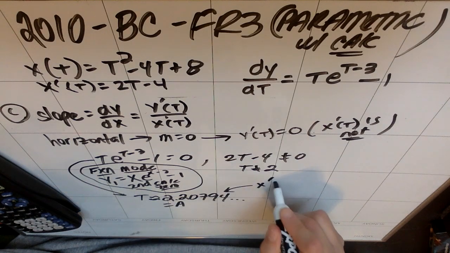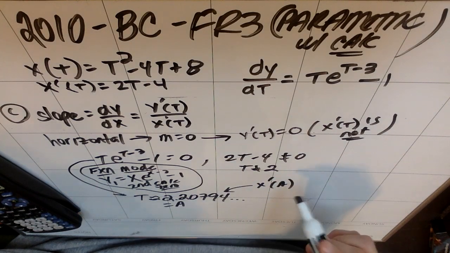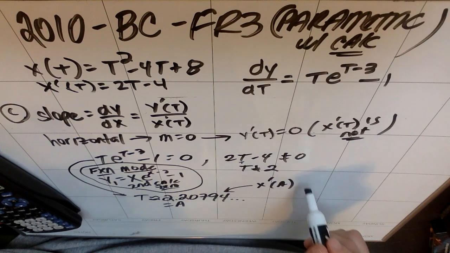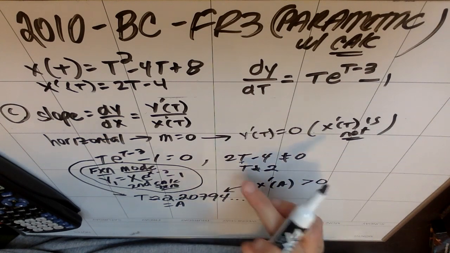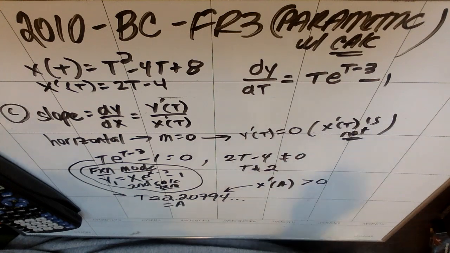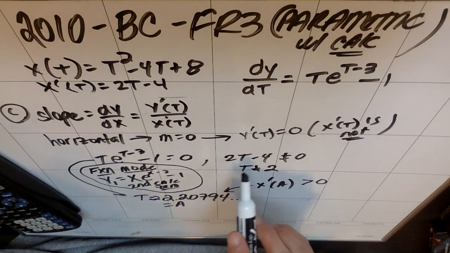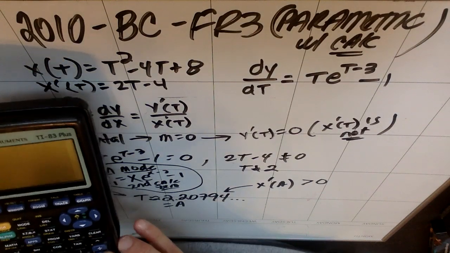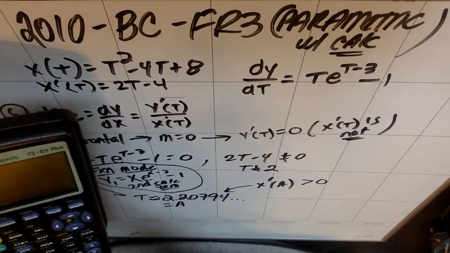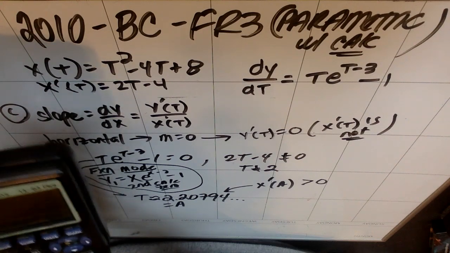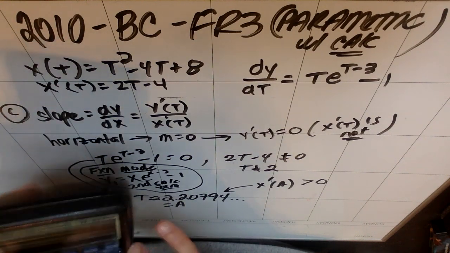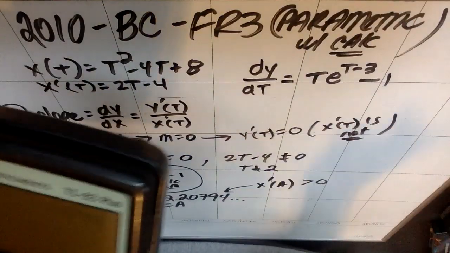So I need to look at what x prime of A is. Well, if I plug in a number bigger than 2 here, I'm going to get something positive. You can find the actual number if you want. That's absolutely fine. You could plug this whole number in, and it would be absolutely fine if you wanted to do 2 times that 2.20794 just to get an approximate value and realize that that's 4.41 and some change.